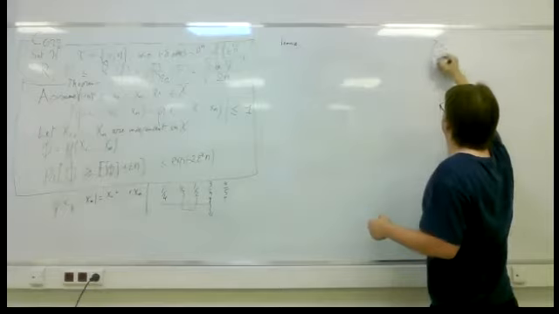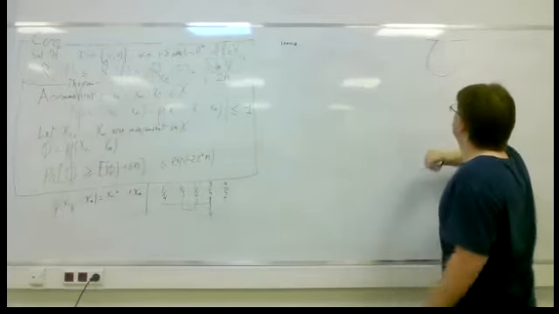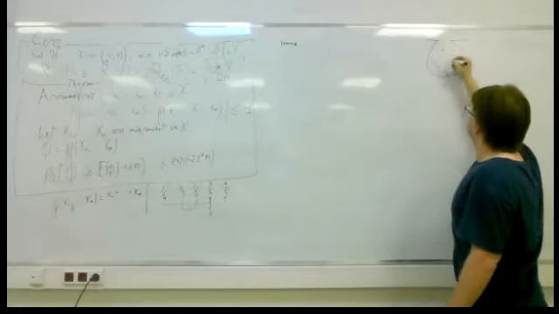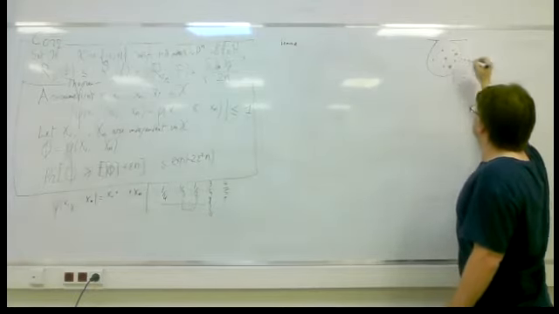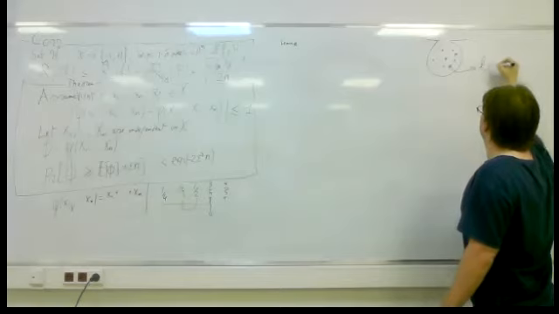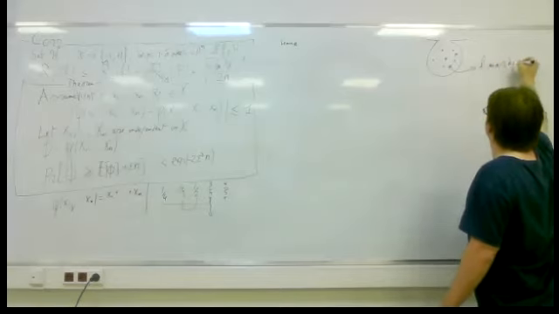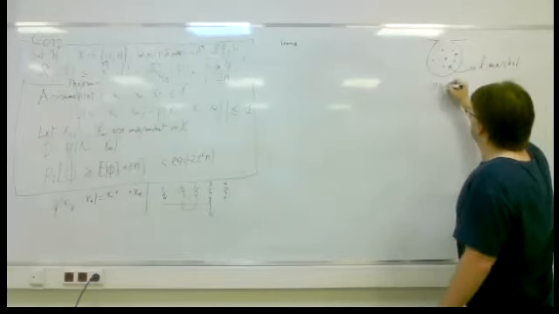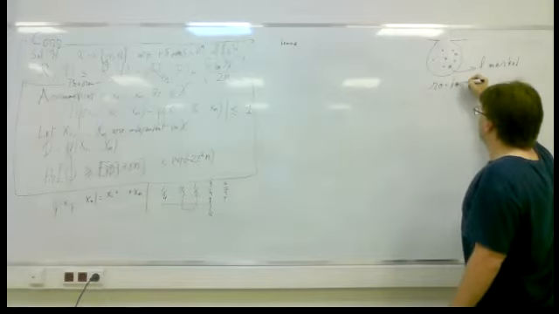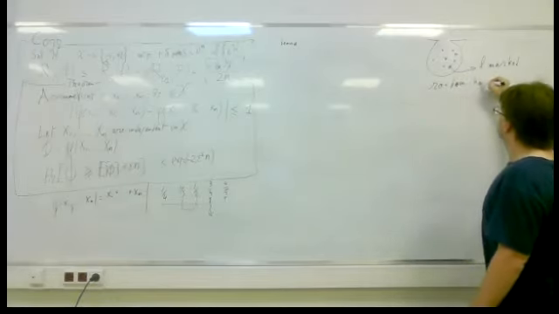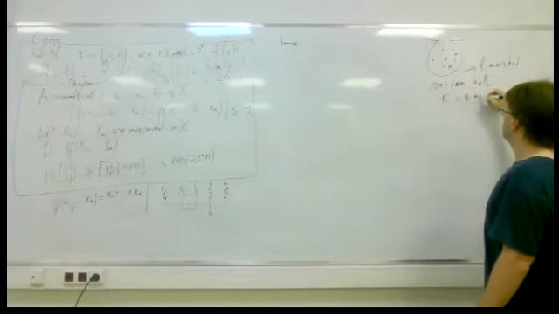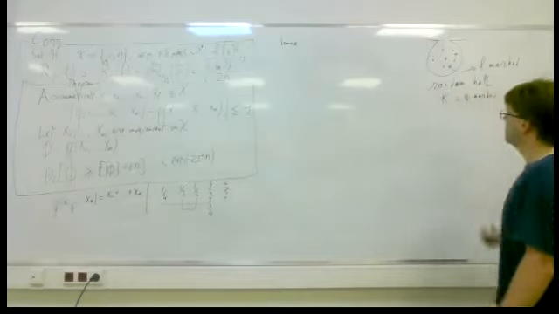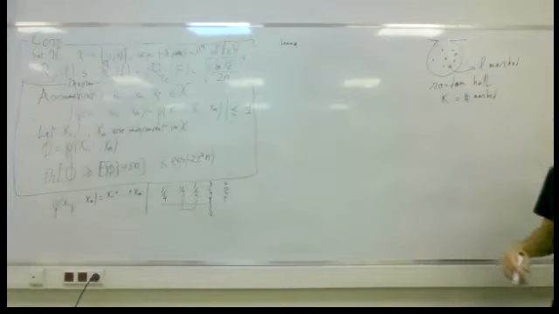So here is a bag with objects, and some of them are marked. Let there be L marked objects, take a random half, and let K be the number of marked objects in one half. You know it very well from homework, I guess.